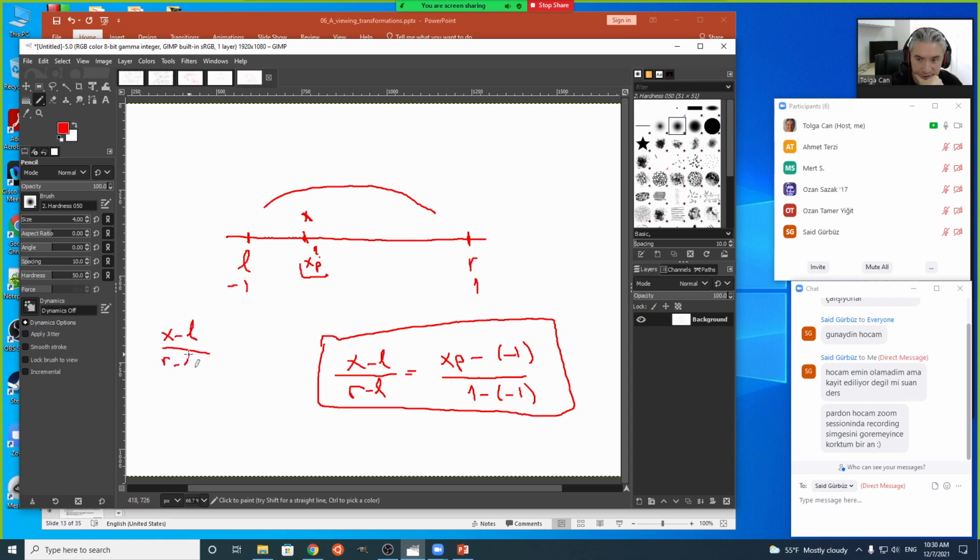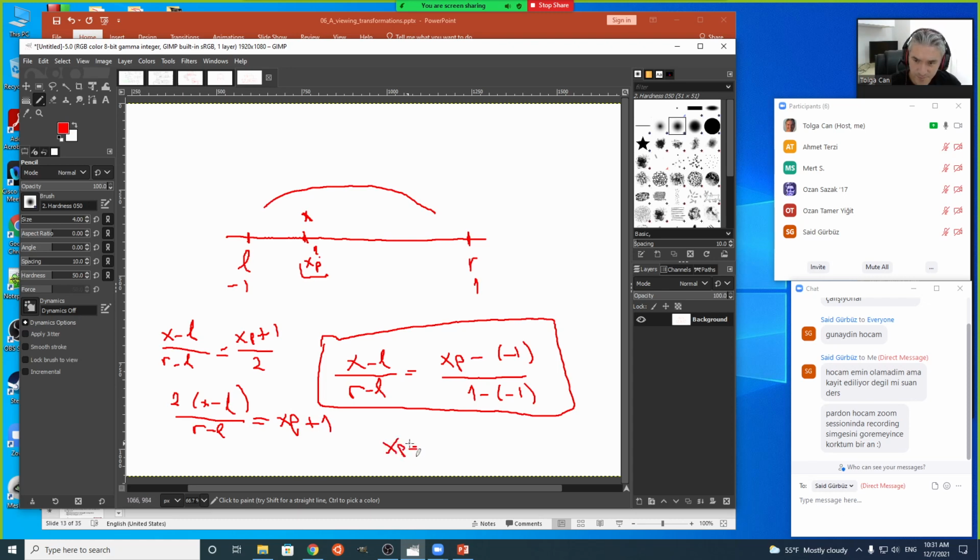X minus L over R minus L equals XP plus 1 divided by 2. So all I need to do is multiply this side by 2. If I do that, 2 times X minus L divided by R minus L is equal to XP plus 1, right? And then put this minus here.